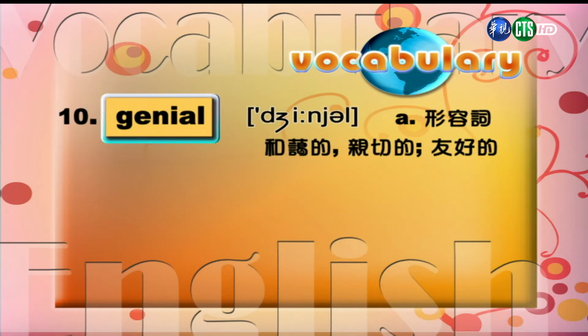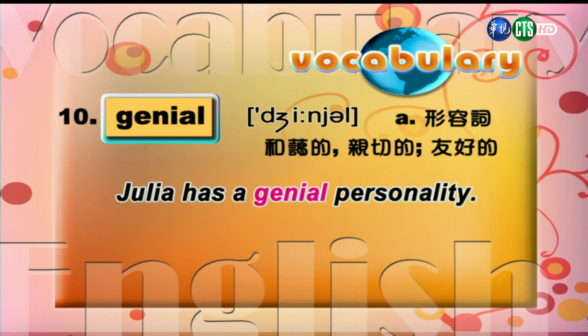Number 10, genial, adjective. 形容词和蔼可亲、友好的。 Julia has a genial personality.